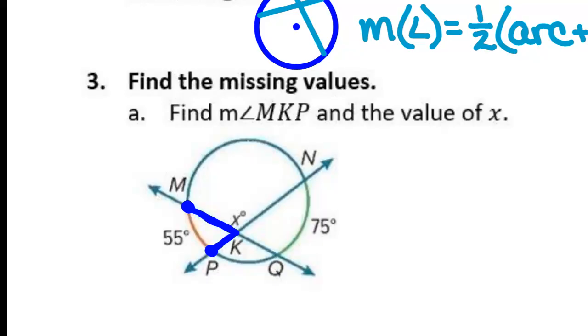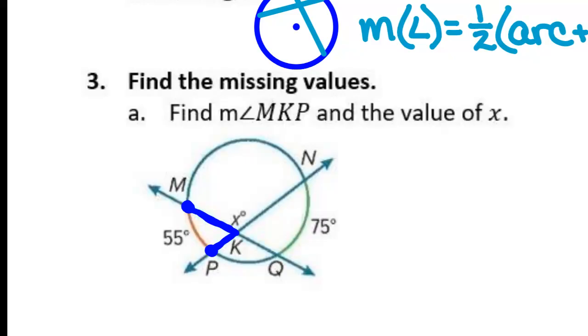Is that vertex at the center of the circle, on the circle, inside the circle, or outside the circle? Where's the vertex? Which one of these pictures does this look like?